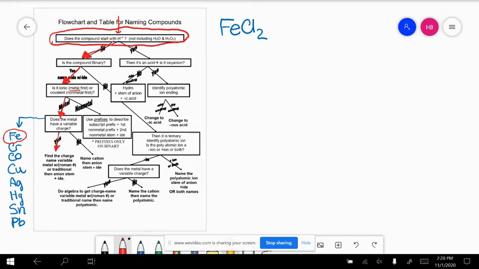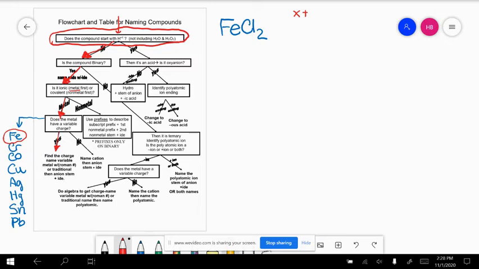It says first find the charge. Well, remember, we can do the algebra if you like. Your variable charge metal is always the X, because we don't know what iron, it's one of our 3 musketeers. It's either +2 or +3 for us.